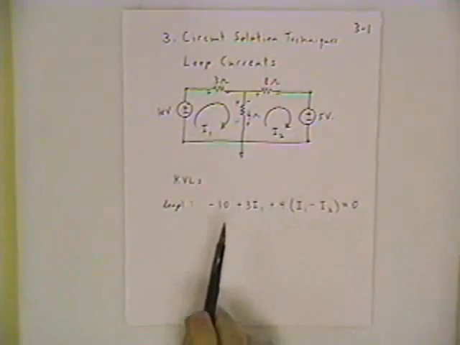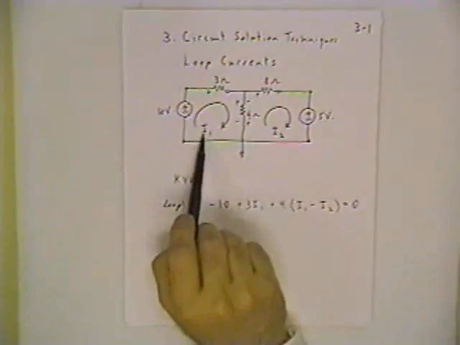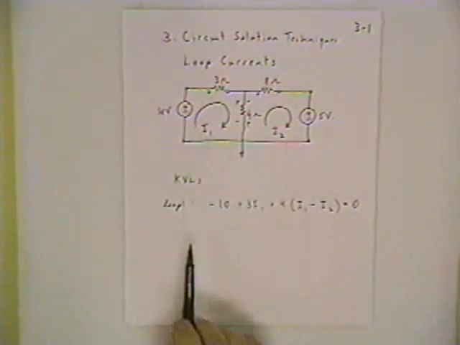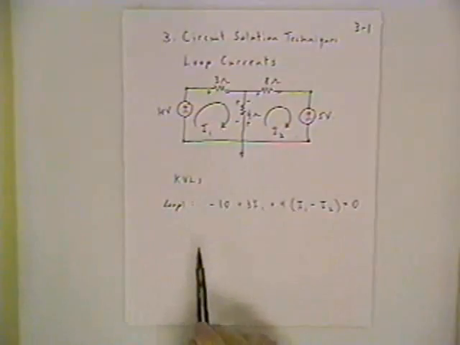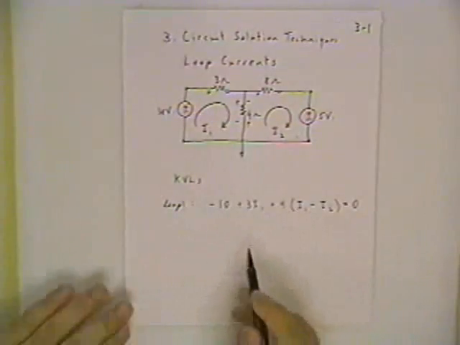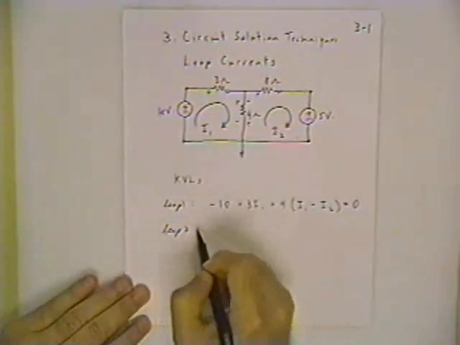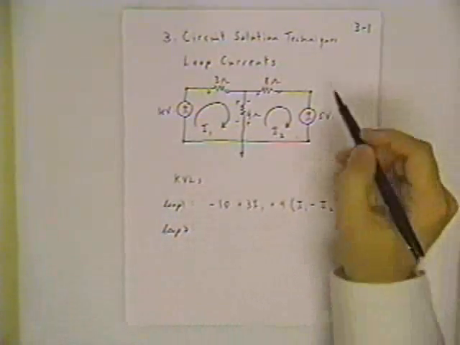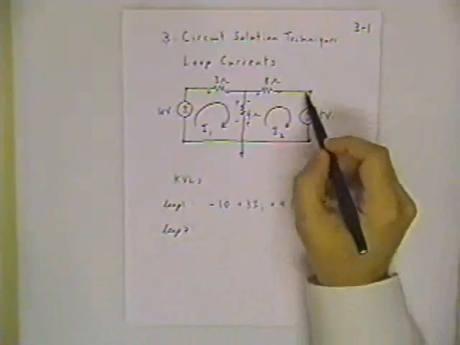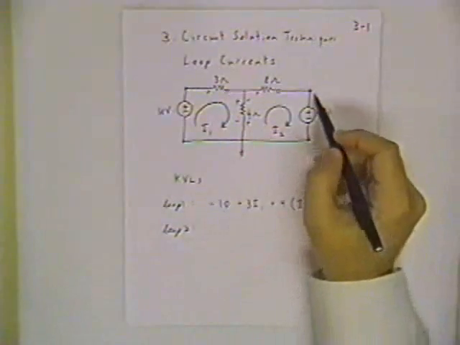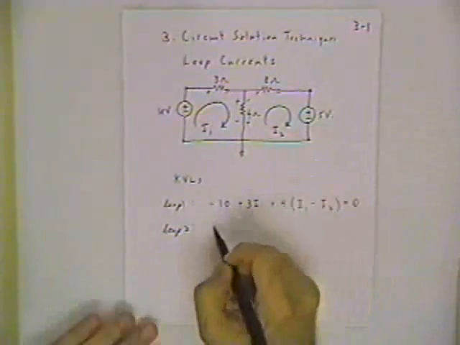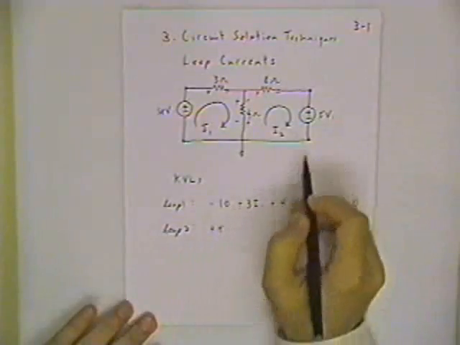Now you know from basic algebra that if we have 2 unknowns, I1 and I2, then I need 2 equations. So this isn't quite enough. We need a second equation. The second equation would come from loop number 2. Let's start at this node and go around clockwise through this loop. I bump into a positive terminal, so plus 5.